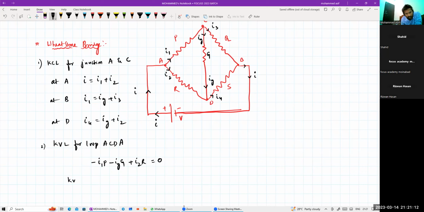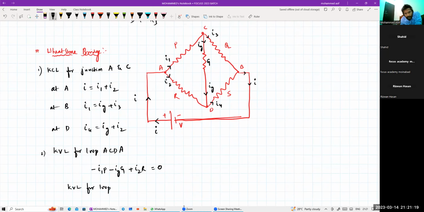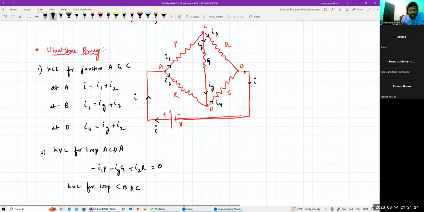Then again KVL for the loop CBDC. You tell me, C to B is going the same direction, so minus I3 into Q. B to D, going in the opposite direction, so plus I4 into S. D to C, going in the opposite direction, so plus IG into G must be equal to 0, okay?